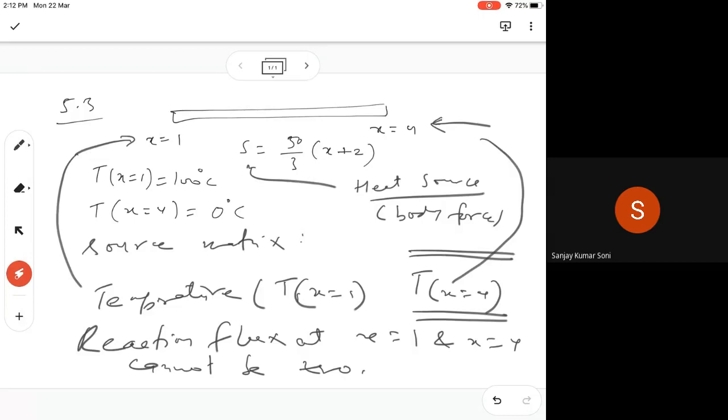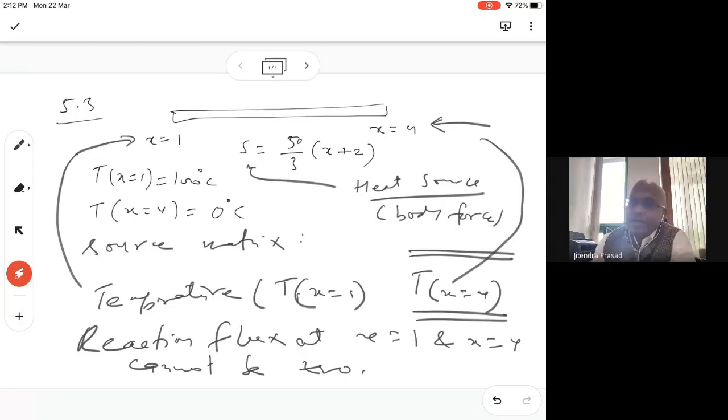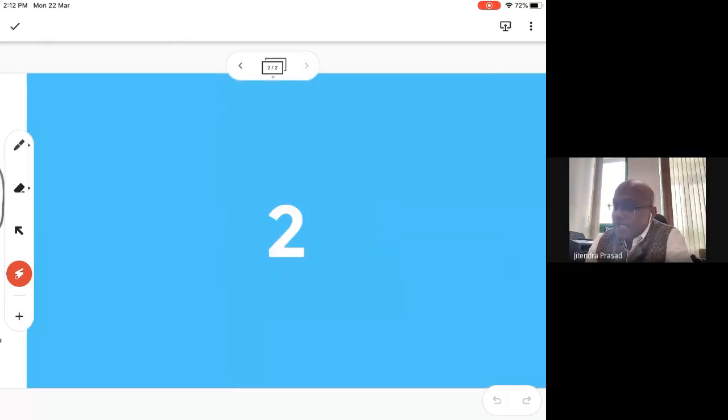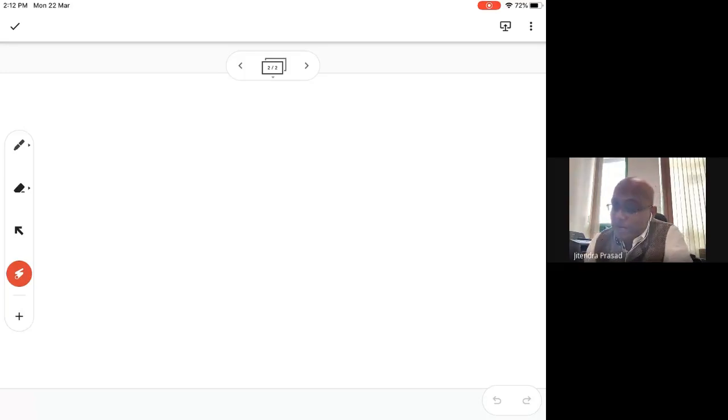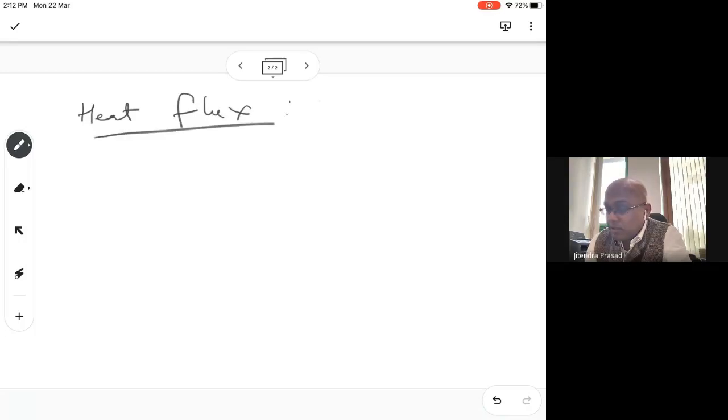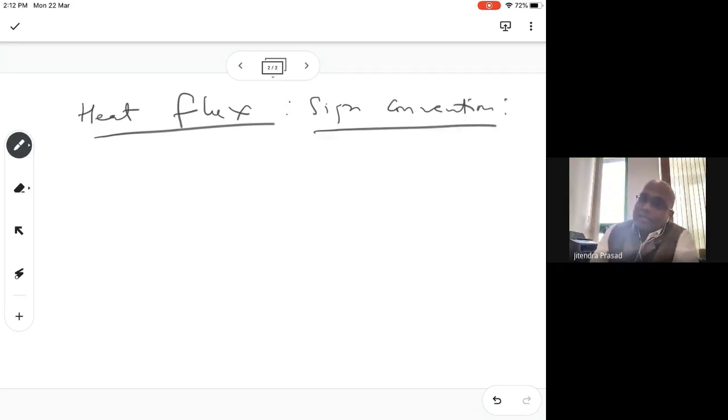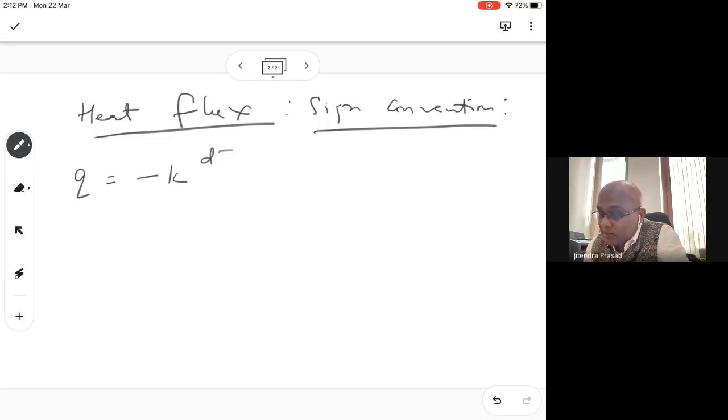Sir, could you please explain the sign convention related to the heat flux? Okay, sign convention. The heat flux, you write as Q equals minus K dT over dx.